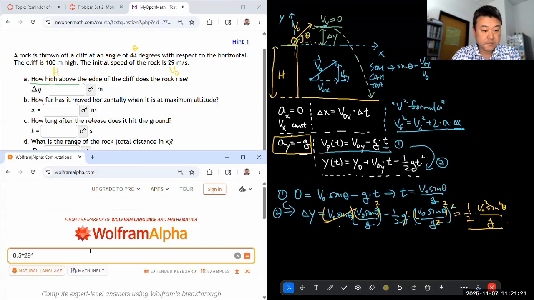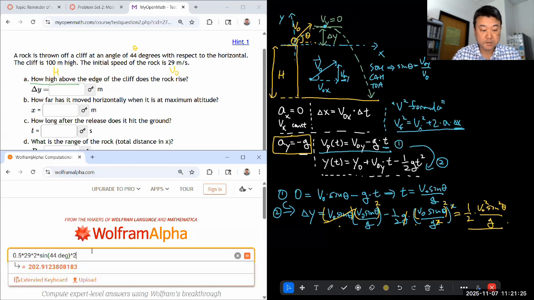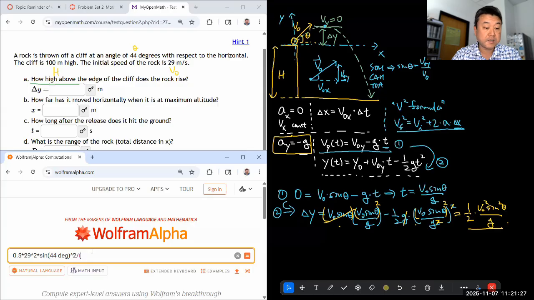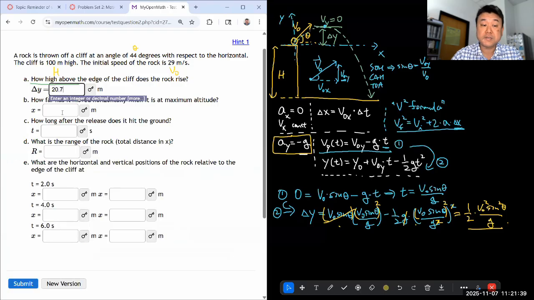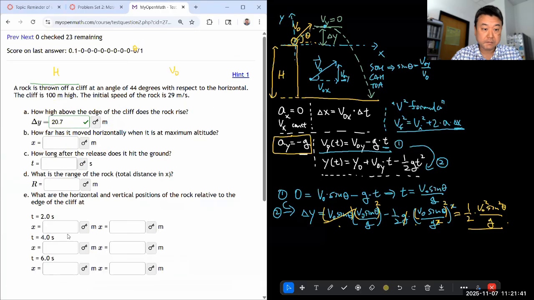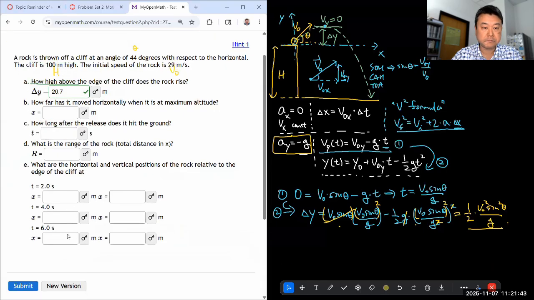So 29 squared times the sine of 44 degrees squared, divided by g, 9.8 meters per second squared. And with that, I get 20.71. I should be able to round it to 3 significant figures and get it graded as correct. 20.7 meters. Alright, that seems decent.